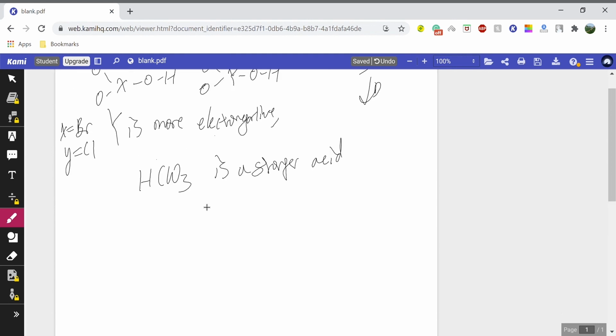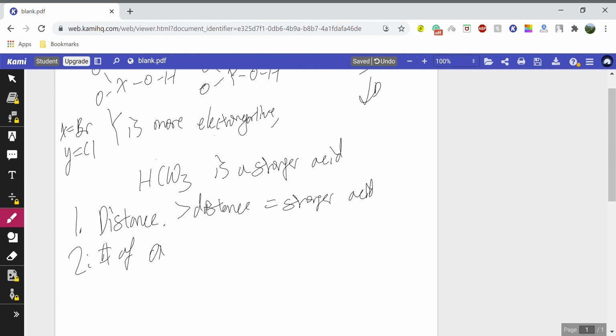To summarize, we have three things that determine how strong an acid will be. First of all, it's the distance. Greater distance means stronger acid. Second, we have the number of oxygens in oxyacids. Now, number one is only for binary acids. The second and third are for oxyacids. For the second one, the number of oxygens in oxyacids, more oxygens equals a stronger acid.